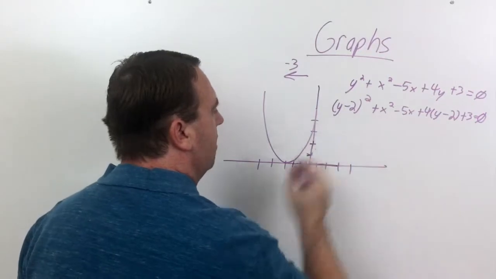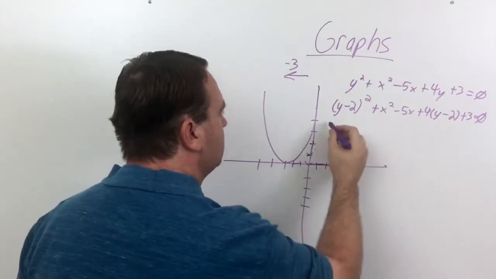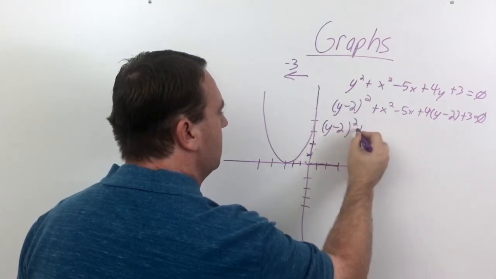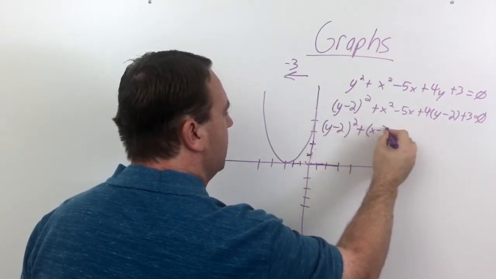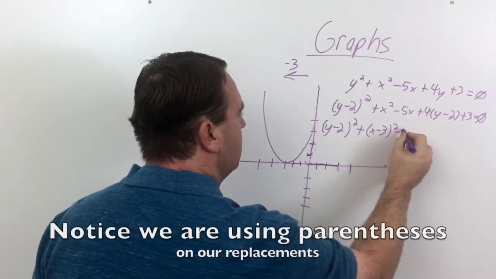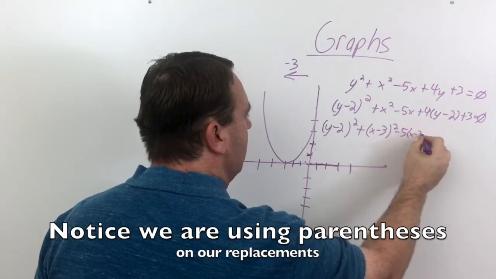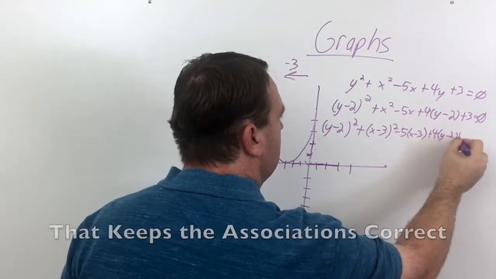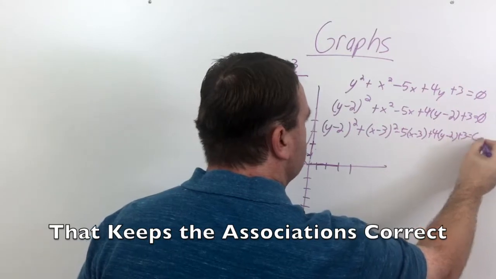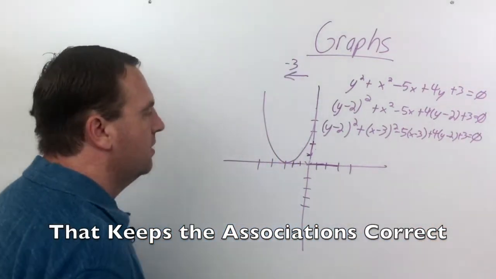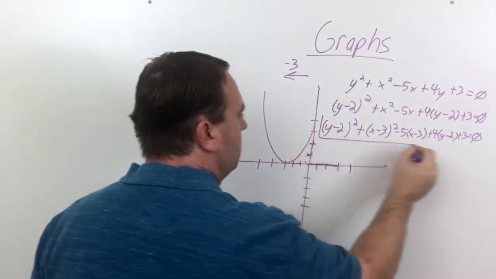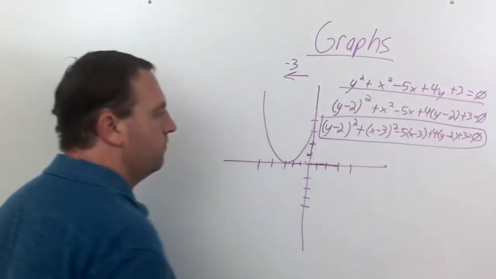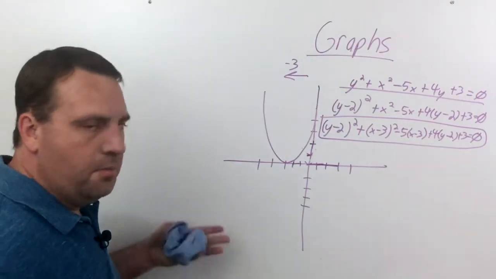So I'm going to replace all of my x's with x minus 3. (y minus 2) squared plus (x minus 3) squared minus 5(x minus 3) plus 4(y minus 2) plus 3 equals 0. So this new equation is the same as my original equation, just shifted up and to the right.